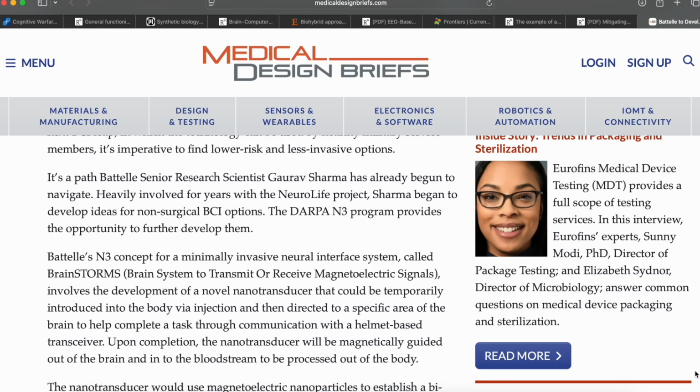Battelle's N3 concept for a minimally invasive neural interface system called BrainSTORMS, brain system to transmit or receive magnetoelectric signals, involves the development of a novel nanotransducer that could be temporarily introduced into the body via injection and then directed to a specific area of the brain to help complete a task through communication with a helmet-based transceiver. Upon completion, the nanotransducer will be magnetically guided out of the brain and into the bloodstream to be processed out of the body.